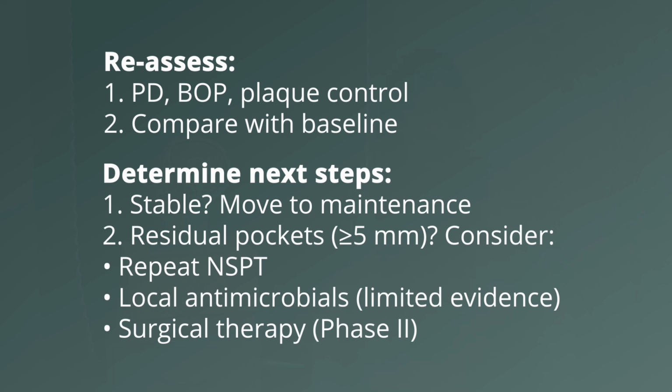So what are the records that tell us that this patient has improved? That means there are no residual pockets, everything is less than 5 millimeters, and also there's no bleeding on probing, and the patient has improved their oral hygiene. Usually evidence, according to Cortellini and Tonetti 2015, tells us that we get improvement from NSPT treatment from 1 month to 3 months post non-surgical treatment.